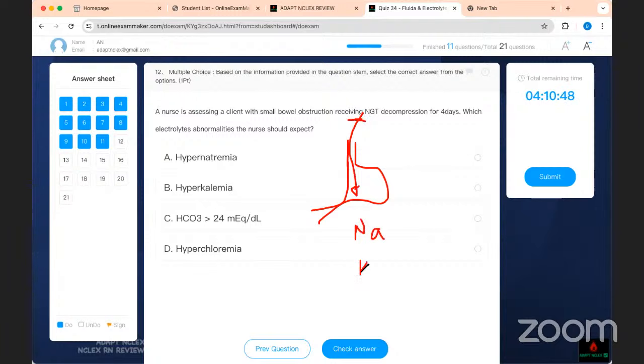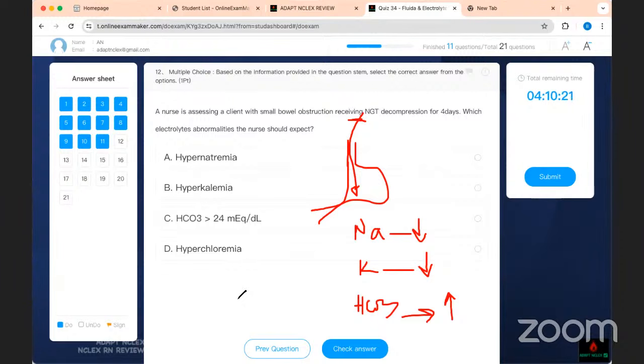Sodium, potassium, and your bicarbonate. Anybody vomiting will have a specific electrolyte problem. If you have an NG tube sucking everything out, your sodium goes down, potassium goes down, your bicarbonate goes up, and you develop what?